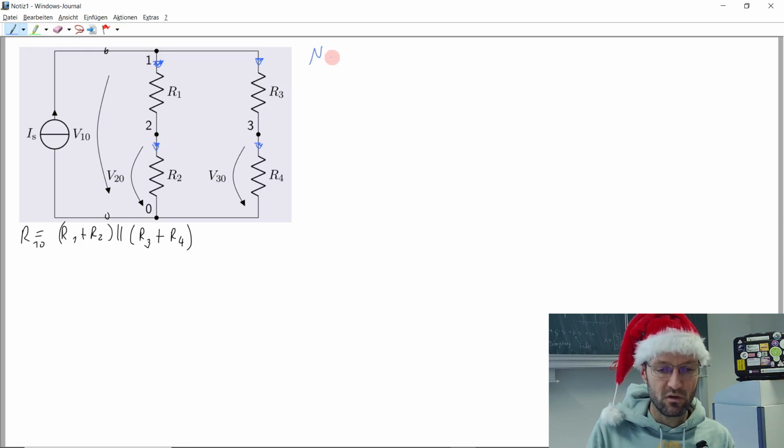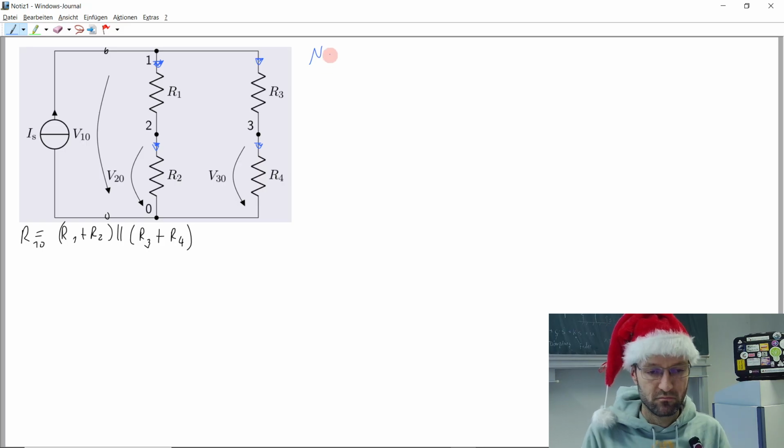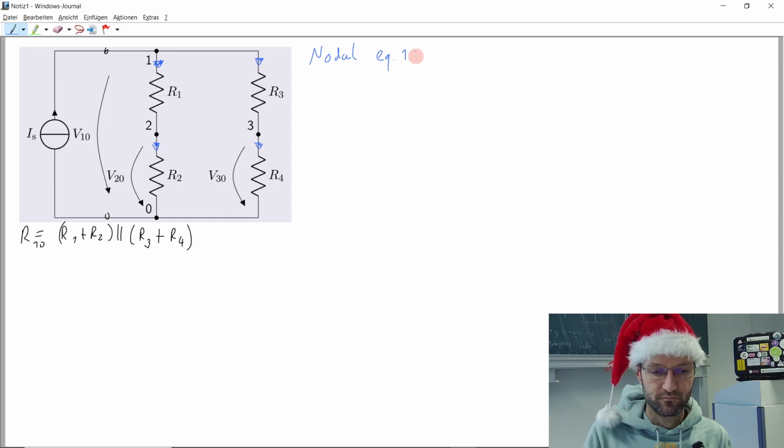So our nodal equation at the first node: we have this current flowing towards the node, and these two currents, I1 and I3, flowing away from the node. So I write I1 plus I3 equals I source, right?